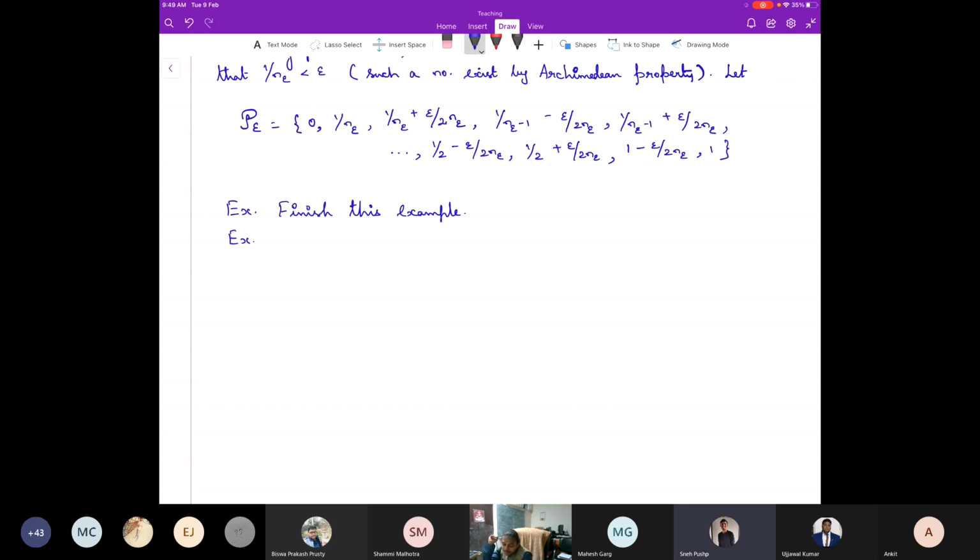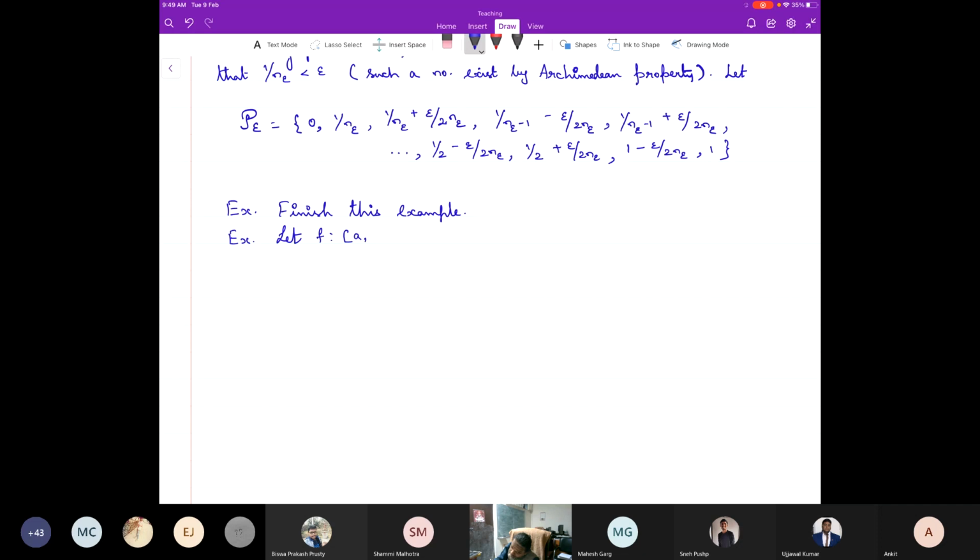Our interest is not in epsilon being large, not that you choose epsilon as 10 or 20 or 1000. Our interest is only in smaller epsilons. By all these examples, you should be convinced why this exercise is true.